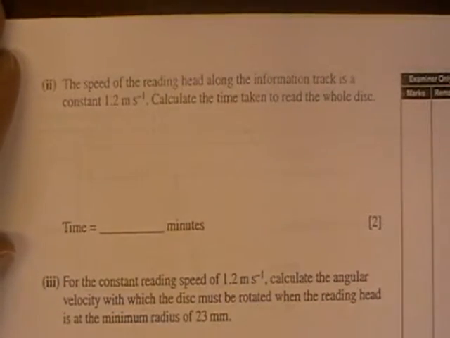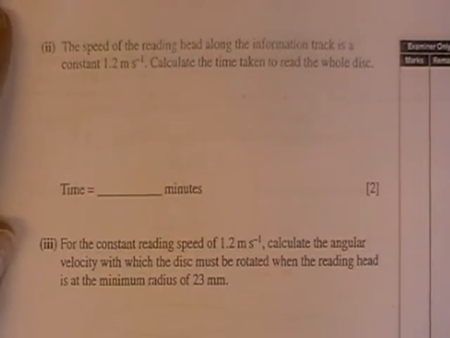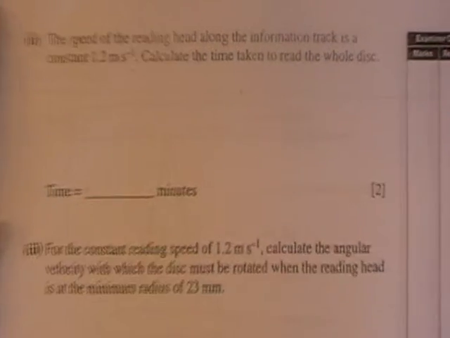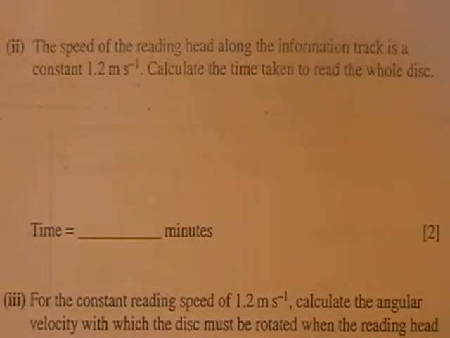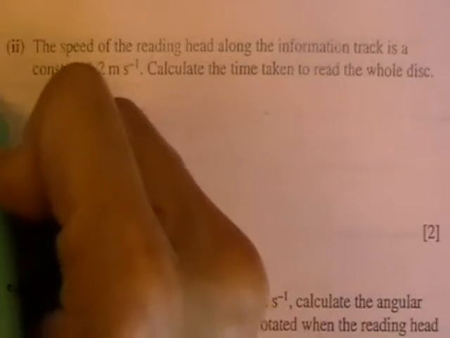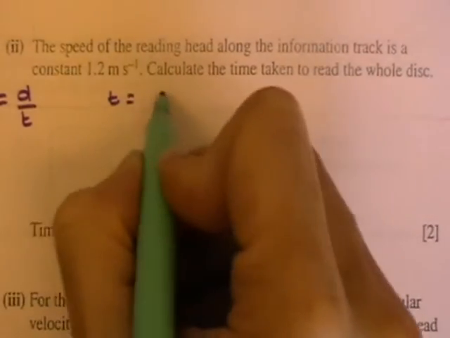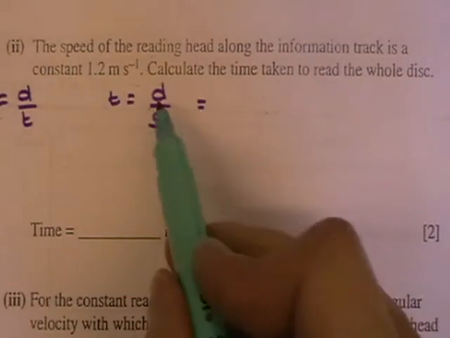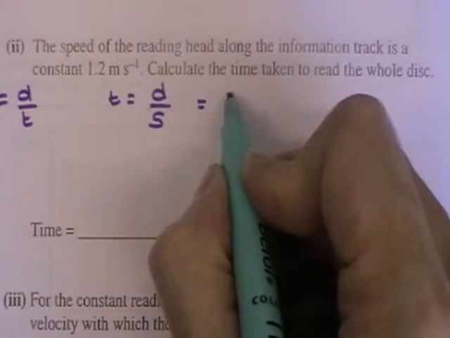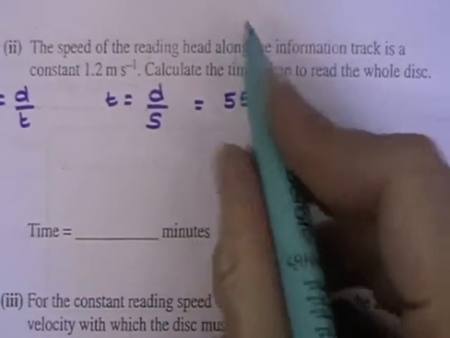The next part of the question: the speed of the reading head along the information track is a constant 1.2 metres per second. Calculate the time taken to read the whole disc. And so speed is distance over time, but we want time, so time is distance over speed. And that's just, I'm going to use my distance I calculated, which was the 5,567 kilometres.